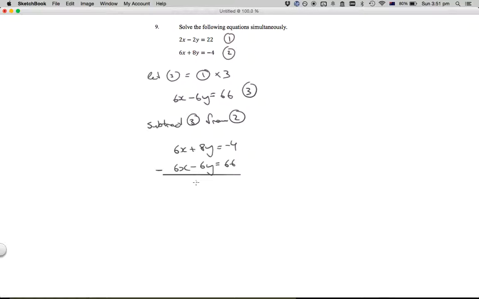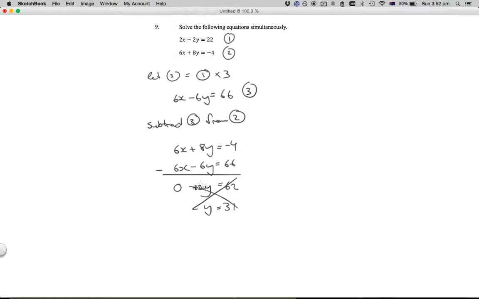Okay, so 6x take away 6x is 0, then we've got 8y minus 6y is 2y. And then negative 4 plus 66 would be something along the lines of 62. And they went, okay, y is 31.